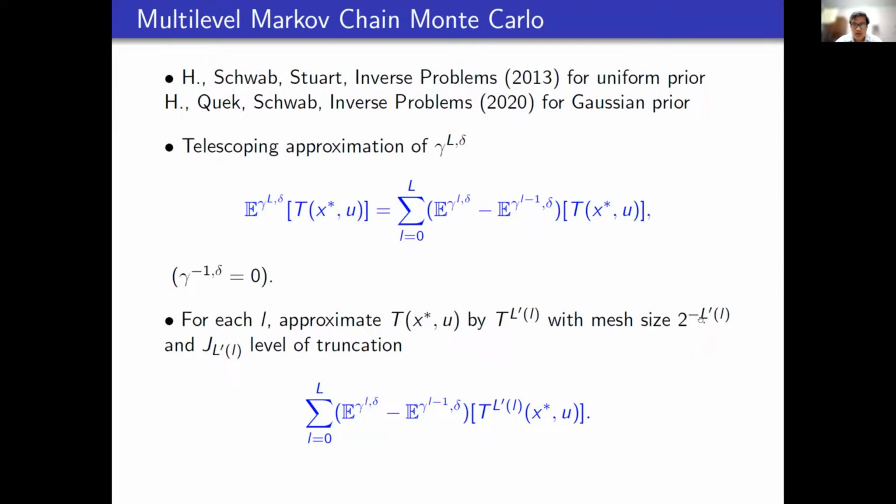So we will specify what big L prime L is. So this is basically the sum that we will find. That is the difference of the posterior mean value of this numerical solution of the forward eikonal equation for the resolution level big L prime L. Now we use another telescopic sum for this T big L prime little L here.